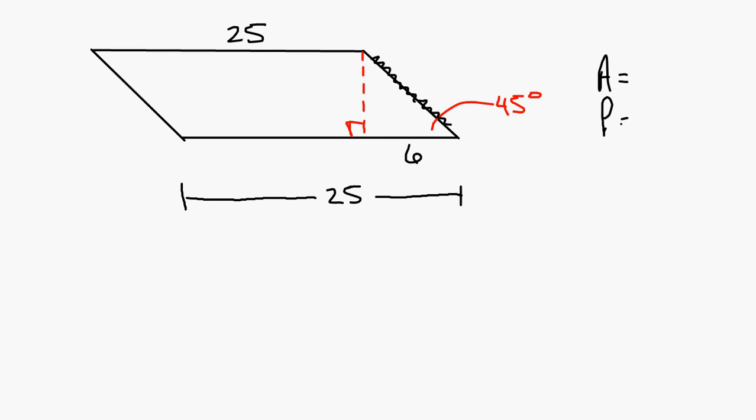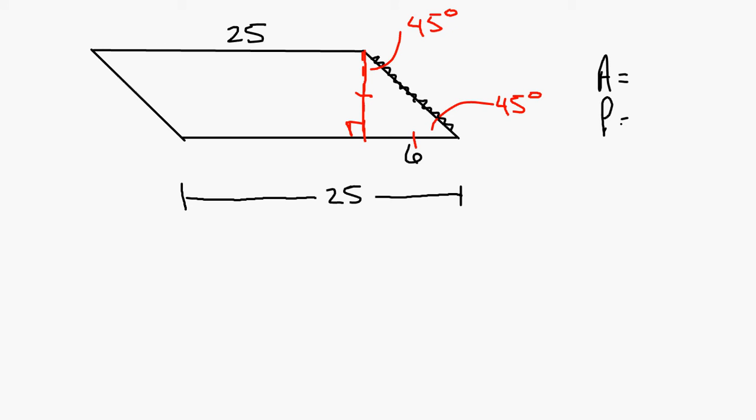But this 45-degree angle is a clue. If this height is perpendicular to the base, then this is a right triangle formed over here on the right. And if one of these angles is 45 degrees, then the other angle is 45 degrees, which makes it an isosceles triangle. That means these two legs are congruent to each other, so that automatically makes your height 6.